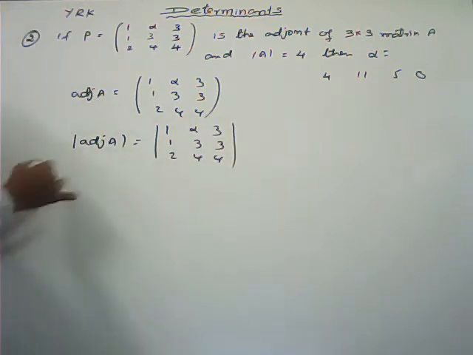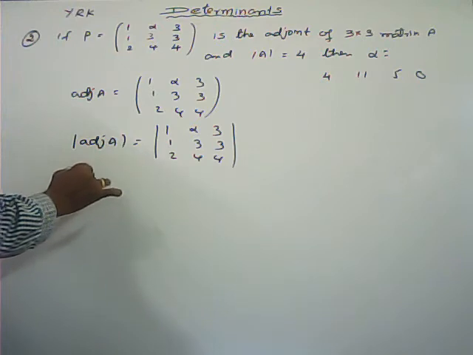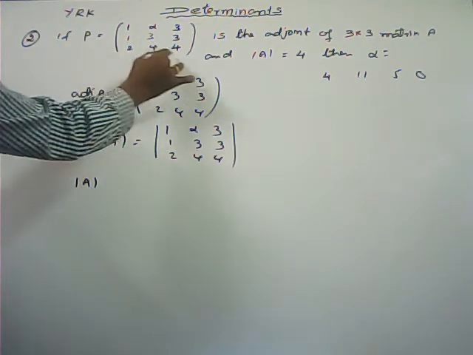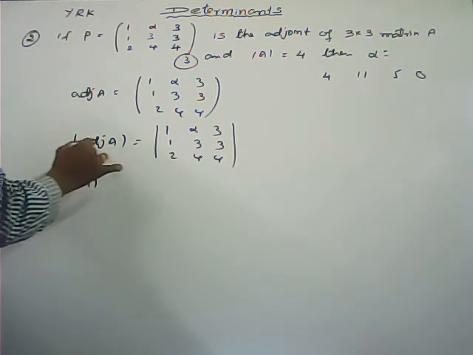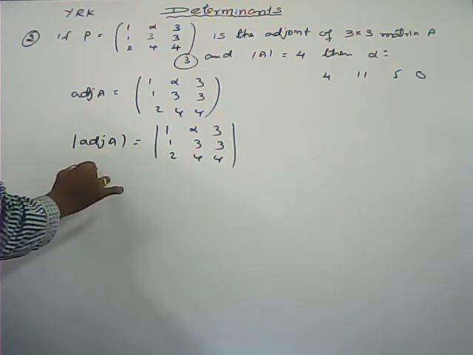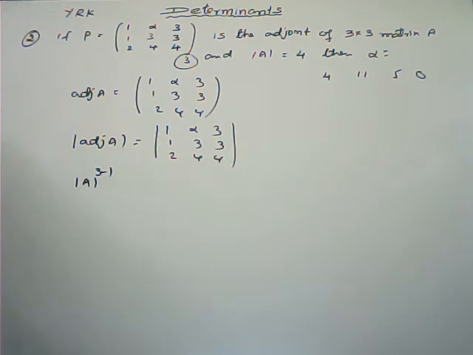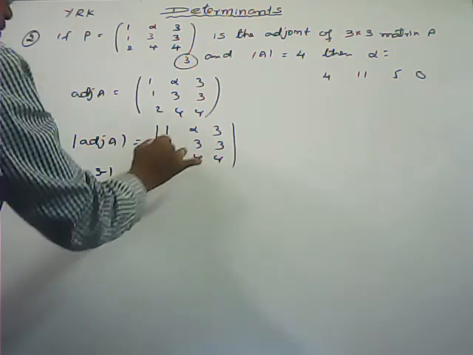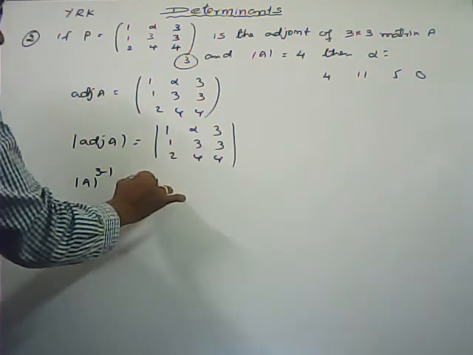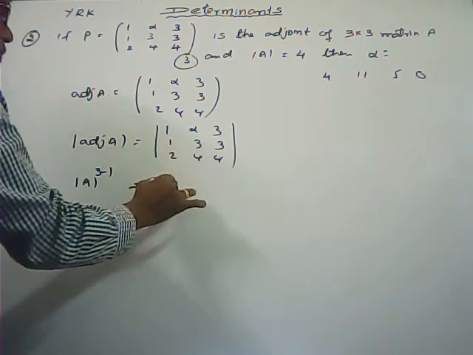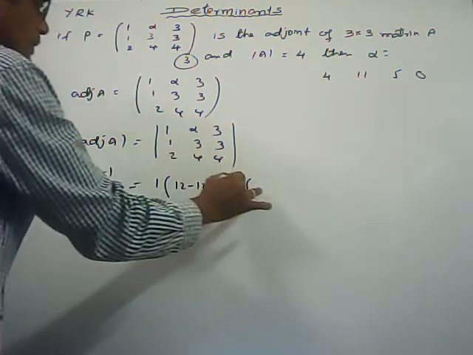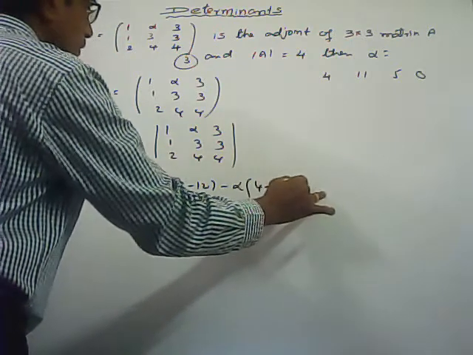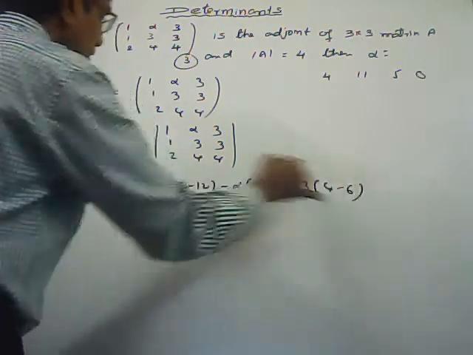Det of adjoint A, just now I told you the tip also, that is det A whole power n minus 1. Here what is the order of the square matrix? 3. So n is equals to 3. Det of adjoint of A equals to det A whole power n minus 1. That is equals to, what is the determinant of the 3 by 3? 1 into 12 minus 12, minus alpha into 4 minus 6, plus 3 into 4 minus 6.